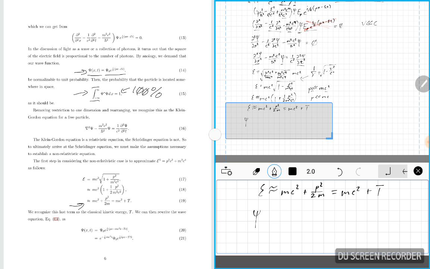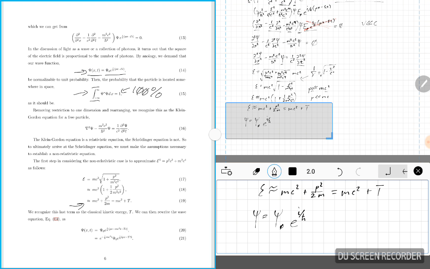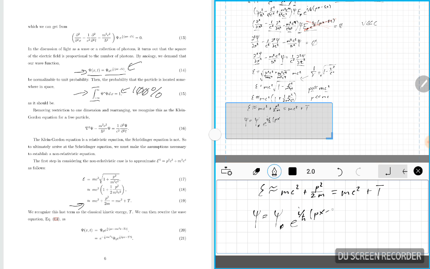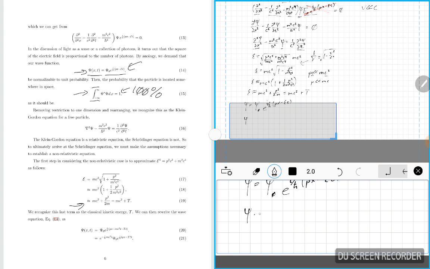So meaning if we go back to our wave function here, we said that it has to follow those conditions. We had our wave function was up here, psi naught times e to the i over h bar times px minus Et. Now we're going to rewrite that with our new expression for E, our approximation. And then what we get is px.